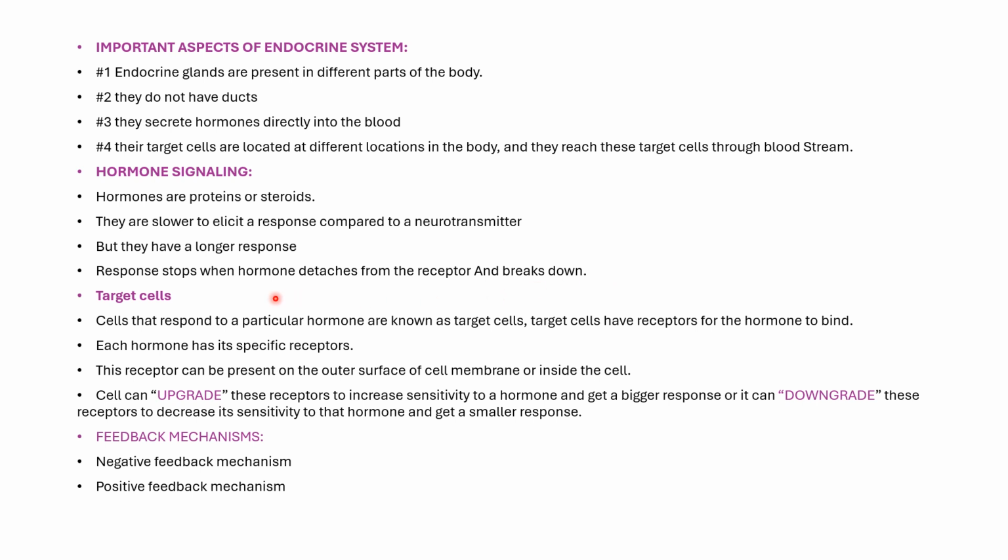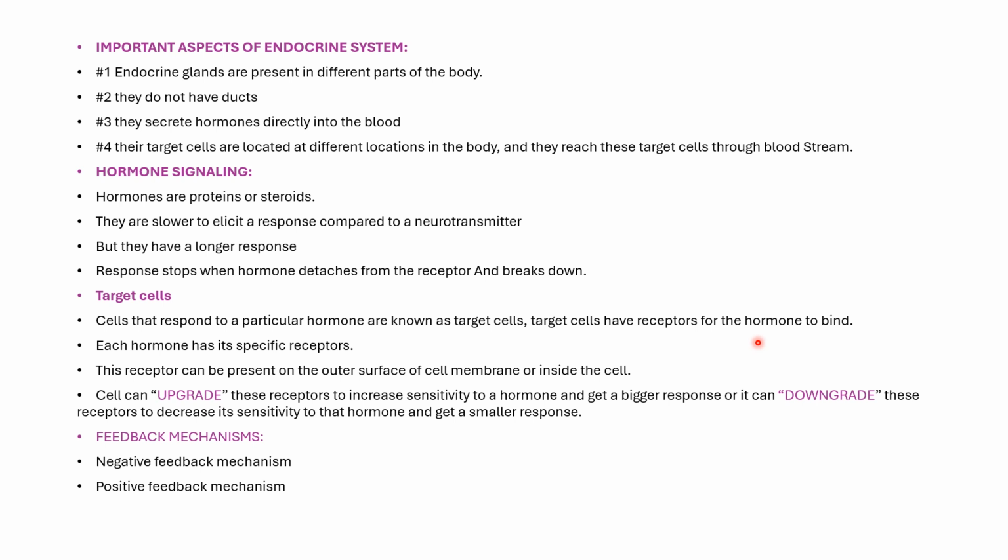Now these hormones have certain target cells. These target cells are the cells which have the ability to respond to a particular hormone. And why do they have the ability to respond to that hormone? Because they have receptors specific for that hormone.